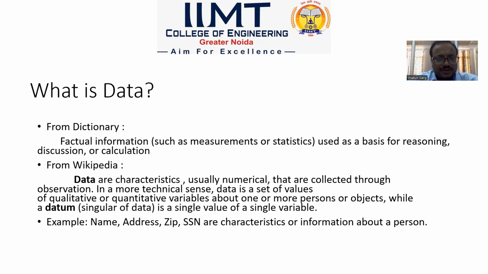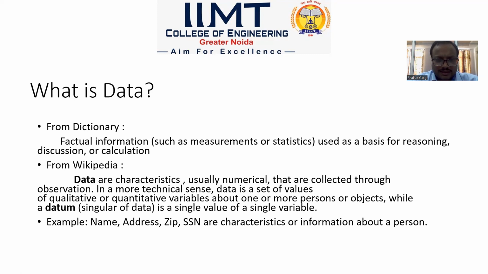First of all, what is data? From dictionary, definition of data is factual information such as measurements or statistics used as a basis for reasoning, discussion, or calculation. From Wikipedia, data are characteristics, usually numerical, that are collected through observation.